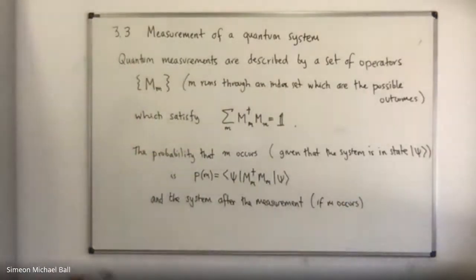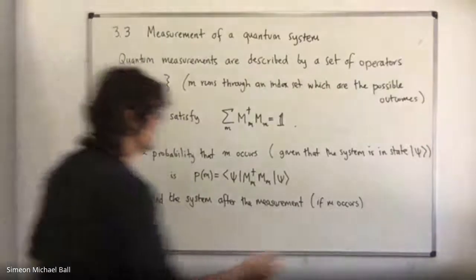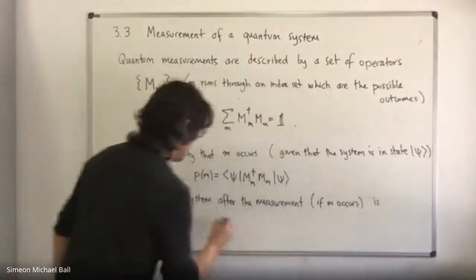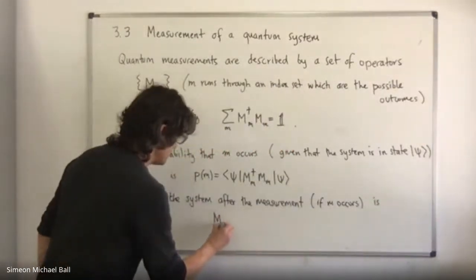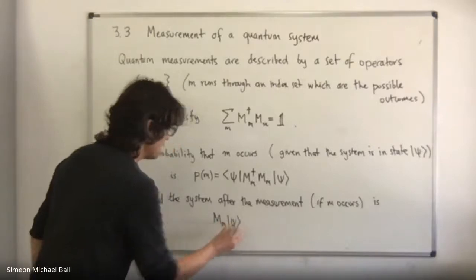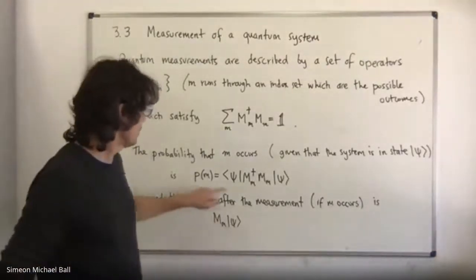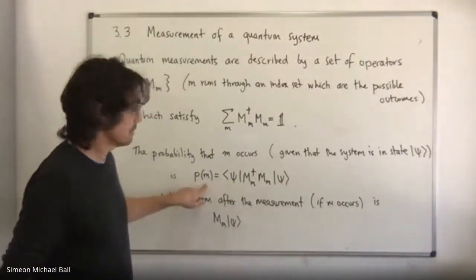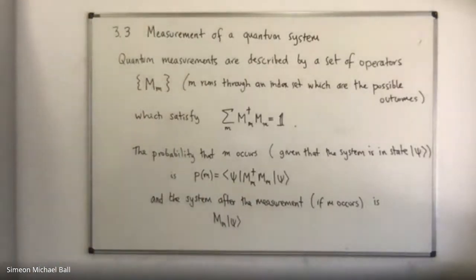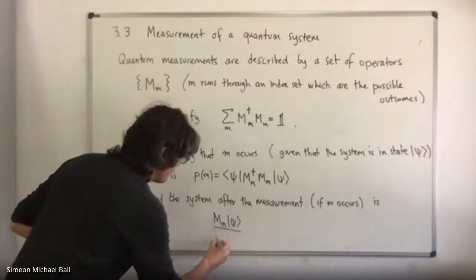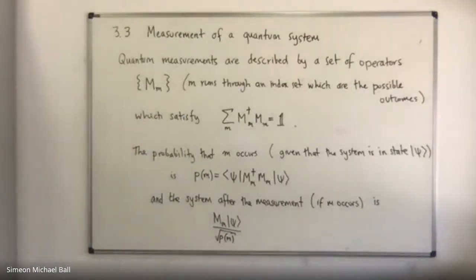And the system after the measurement, if m occurs, is basically M_m times this. But this is not going to be a unit vector, because obviously if it was a unit vector, then this probability would be 1. So we have to normalize it, dividing by the square root of this probability.